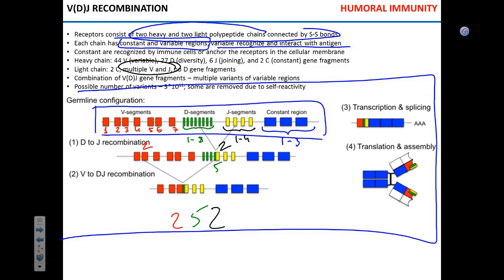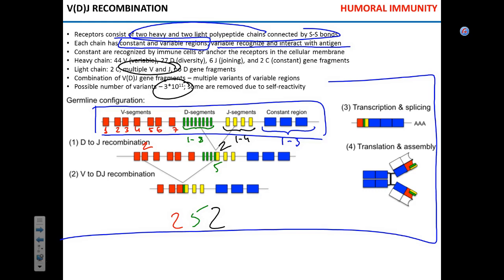So this produces a staggering 300 billion combinations, of which some are eliminated as self-reactive. That makes sense? Now, one may argue, okay, sure, 300 billion, right? Let's say we will eliminate 1 billion, just like self-reactive, okay? Still have a lot, almost 300 billion to 299.